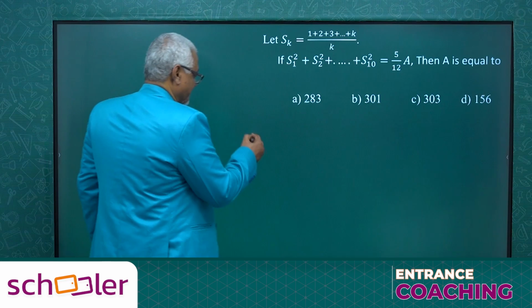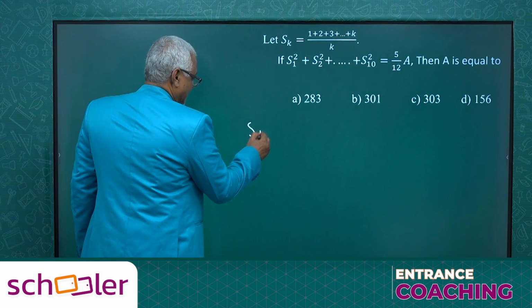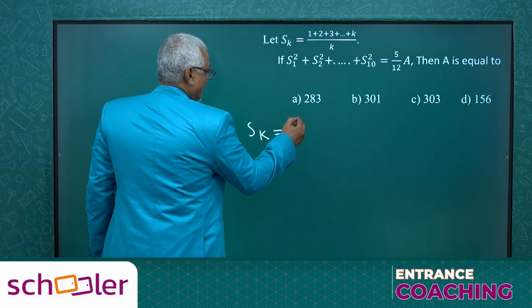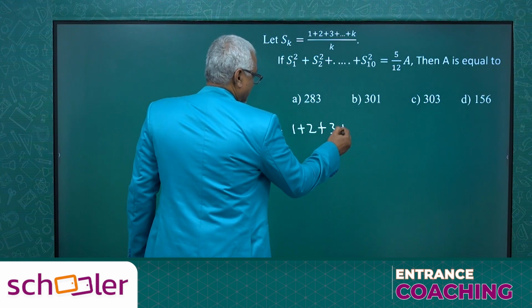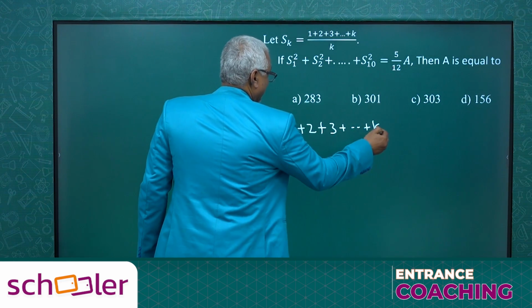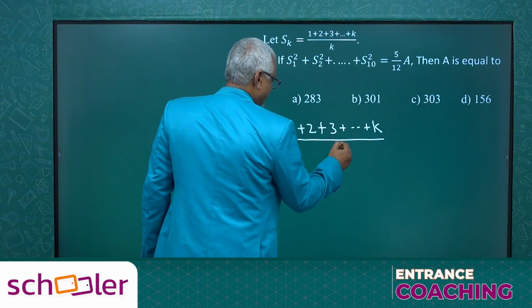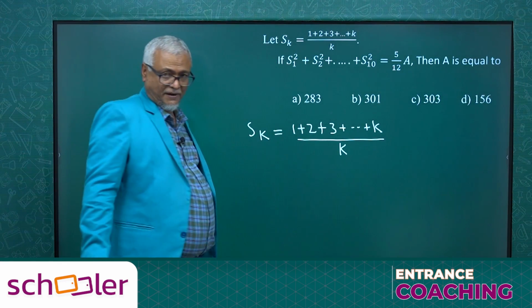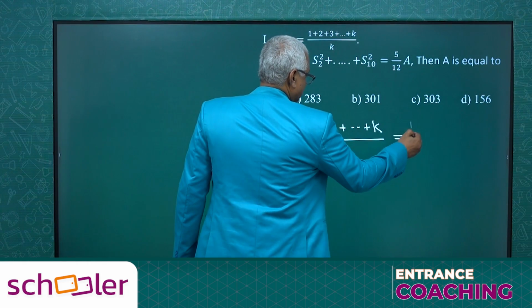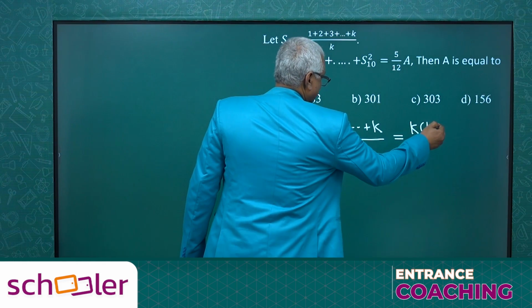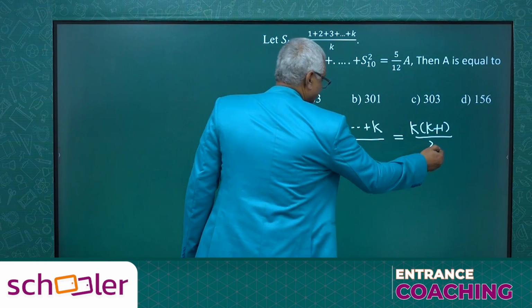What is Sk? It is 1 plus 2 plus 3 plus etc. plus k, whole divided by k. Is given. And what is in the numerator? It is k into k plus 1 by 2.